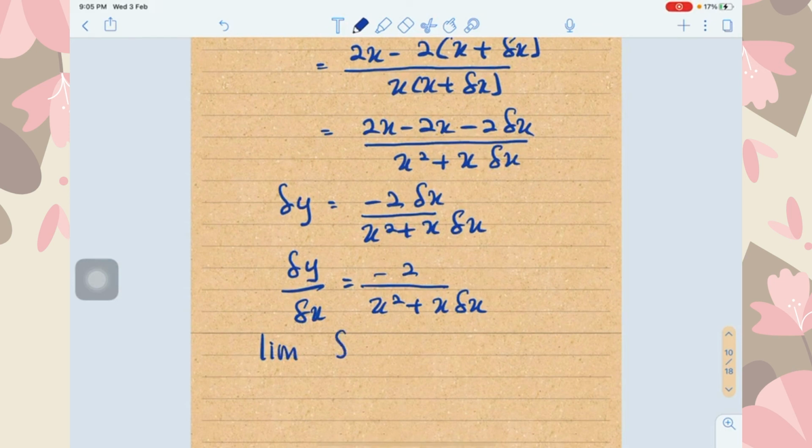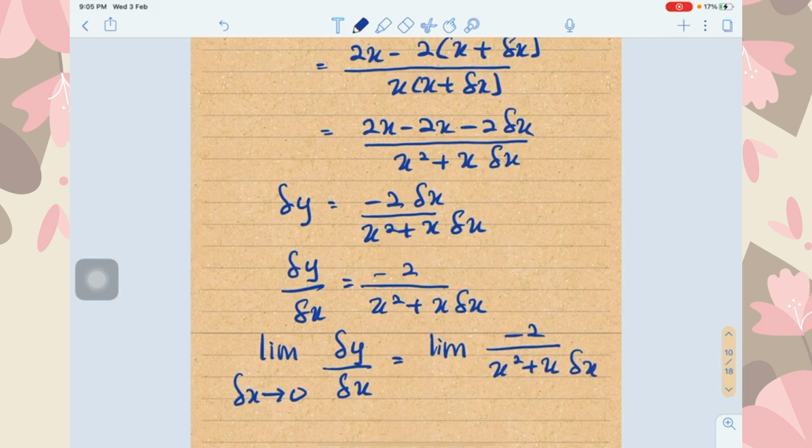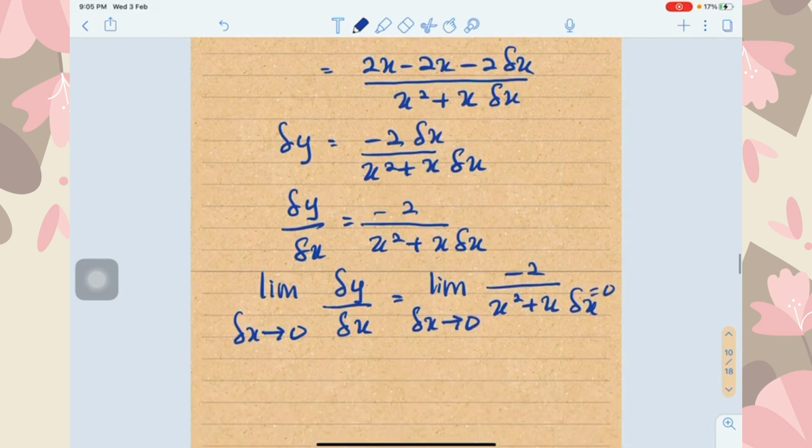So the limit of delta y over delta x when delta x approaches 0, on both sides: negative 2 over x squared plus x delta x when delta x approaches 0. So this one goes to 0. So here we have dy/dx equals negative 2 over x squared.